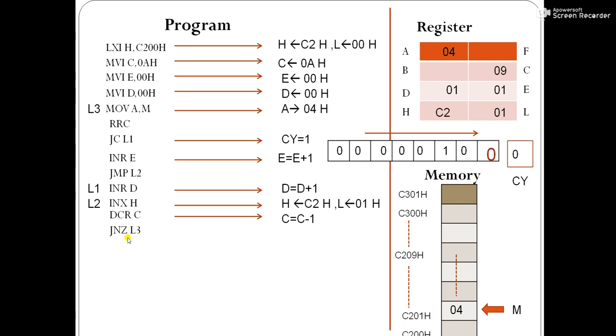Now we have the even count in register E, but where do we want the result? We want the result to be stored in C300H. So can we take it from register E to C300H? Do we have such an instruction?